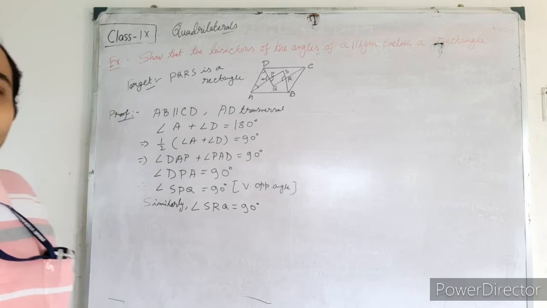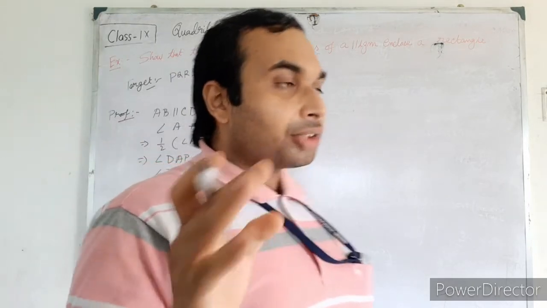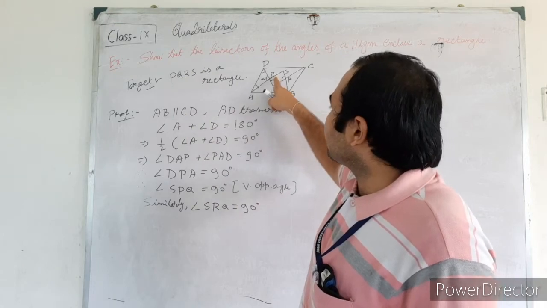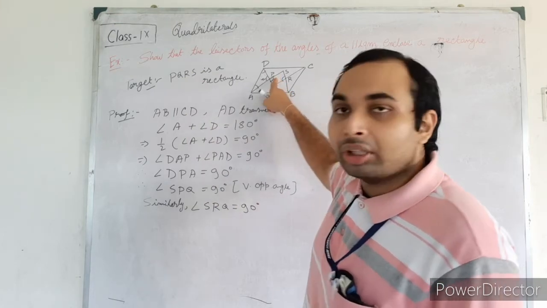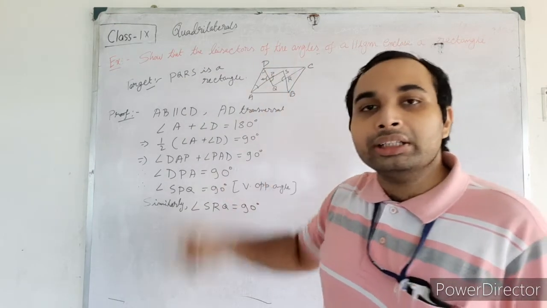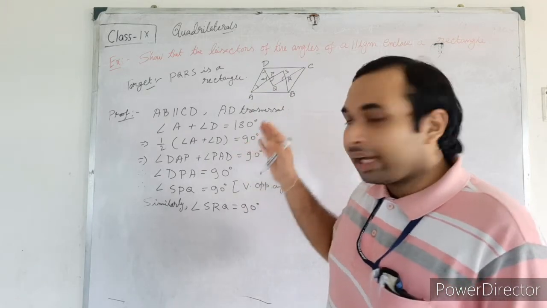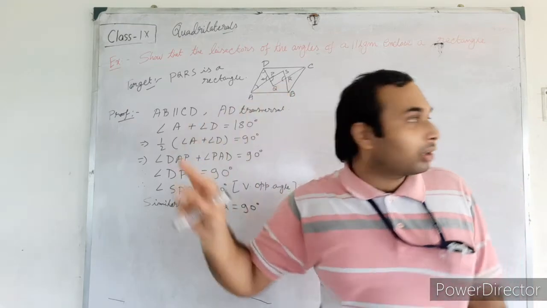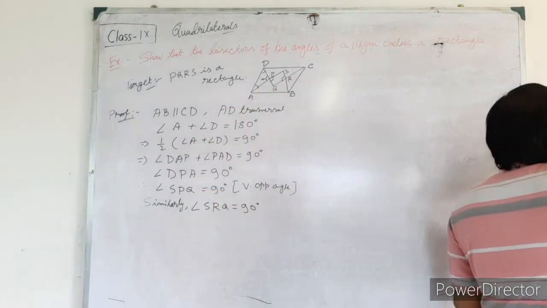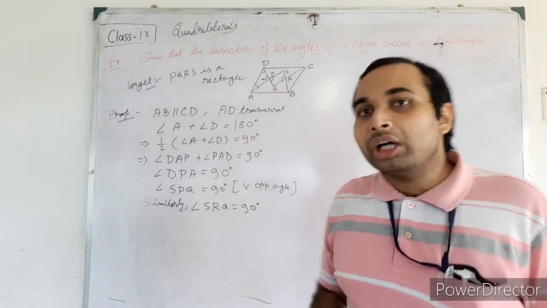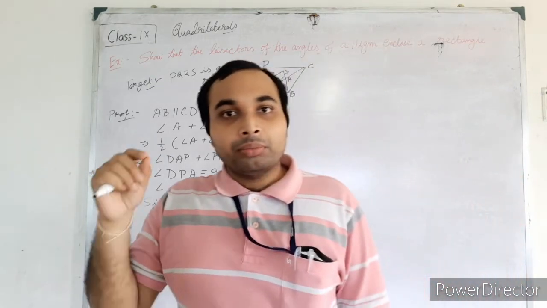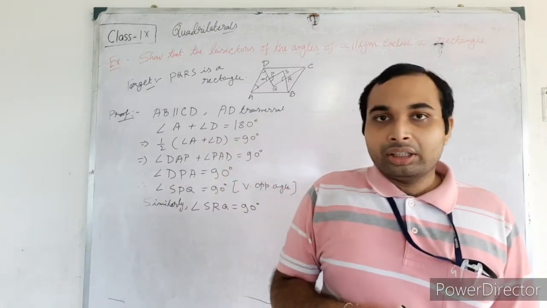Actually, what we are doing here is that I thought first we would prove this is a parallelogram, and after that we would show that one angle is 90 degrees. But another thing you can see is that if for a quadrilateral all angles are 90 degrees, then we must say that it is a rectangle.